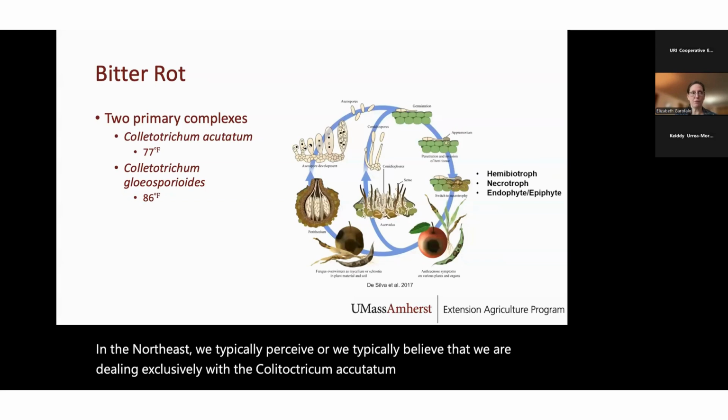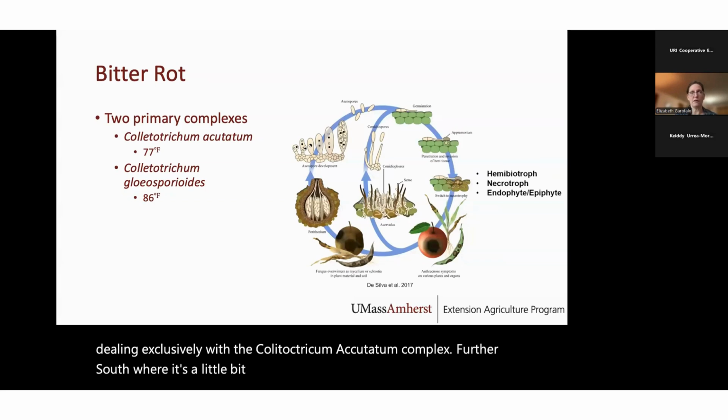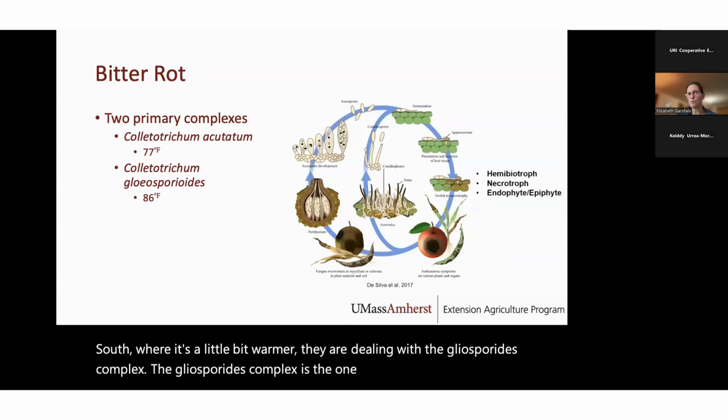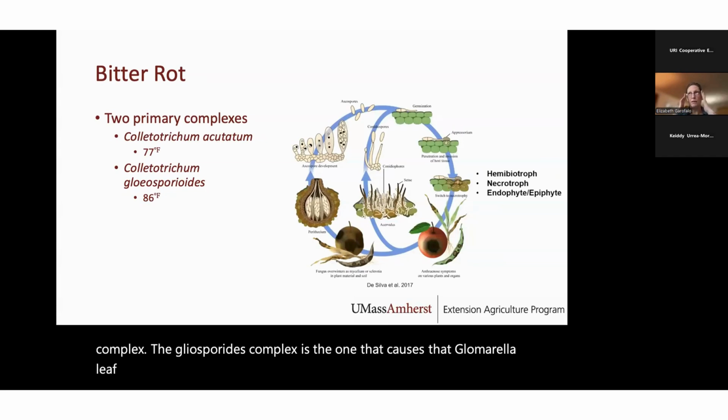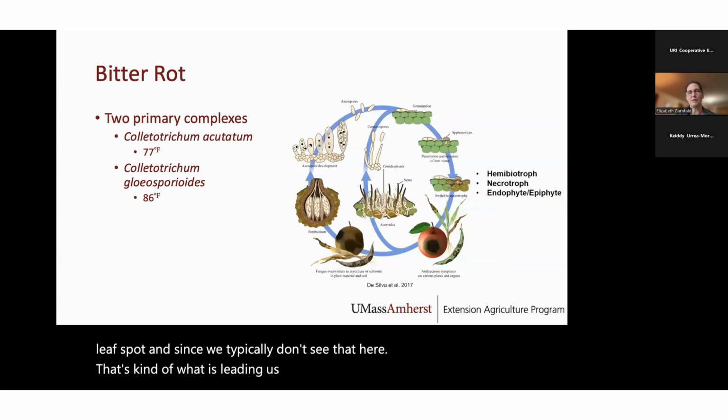Further south, where it's a little bit warmer, they are dealing with the Colletotrichum gloeosporioides complex. The gloeosporioides complex is the one that causes Glomerella leaf spot. Since we typically don't see that here, that's what leads us to believe that we're dealing primarily with the acutatum complex.